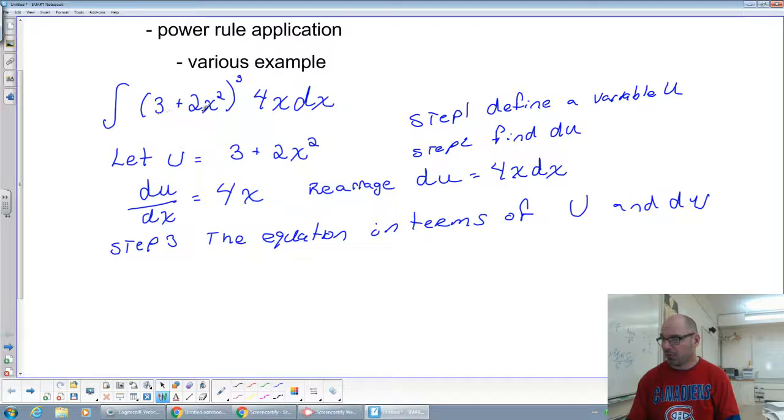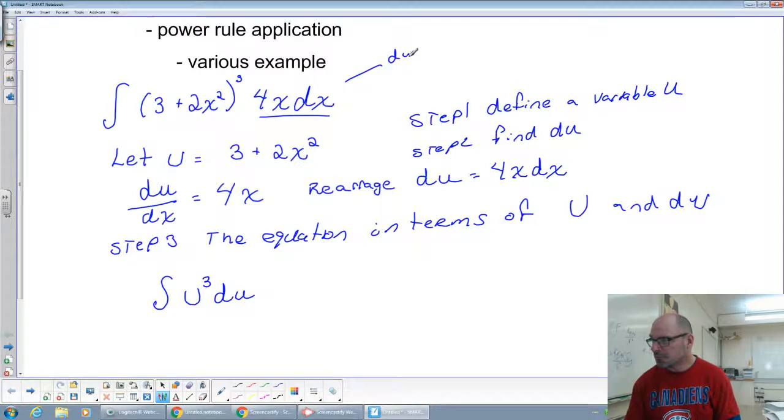Okay, so we know that this is u, so u to the power of 3, and this is du. So we can rewrite it as the integral of u³ du, as this can be replaced with du based on what we know down here. This only works with special cases like that.